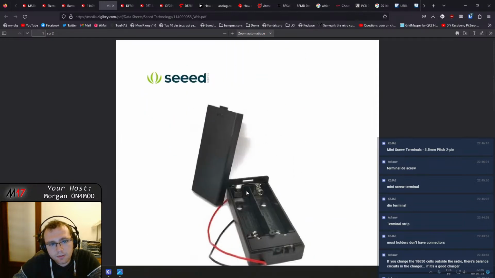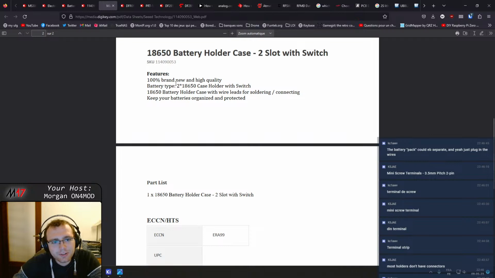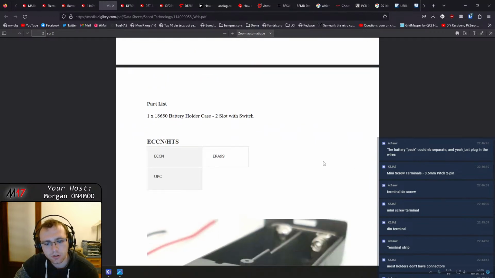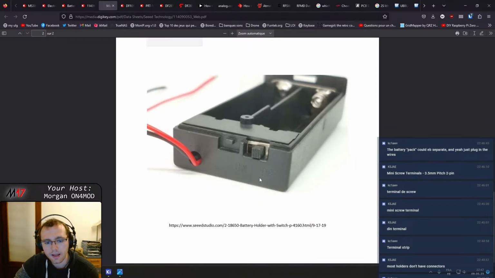Yeah, it seems 100% brand new and high quality. Yeah, the battery pack will be separate. We won't place any on the board, that's for sure. And when we will be debugging, we will be powering it via USB, I think. So yeah.